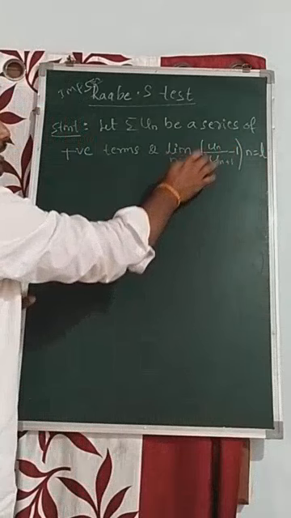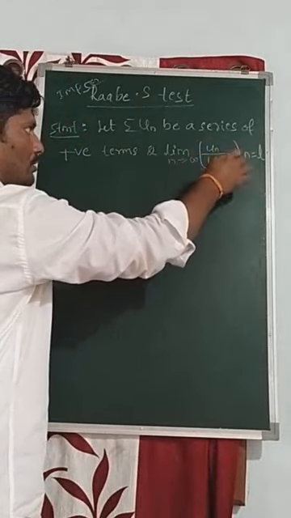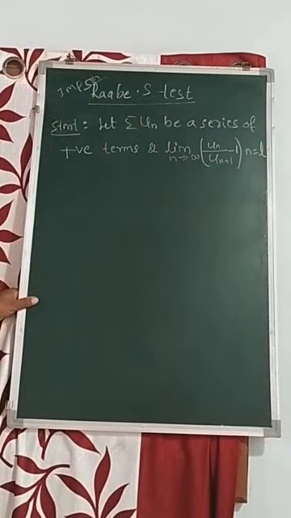Limit n tends to infinity, un divided by un plus 1 minus 1, whole raised to n, equal to L, a finite and unique quantity.